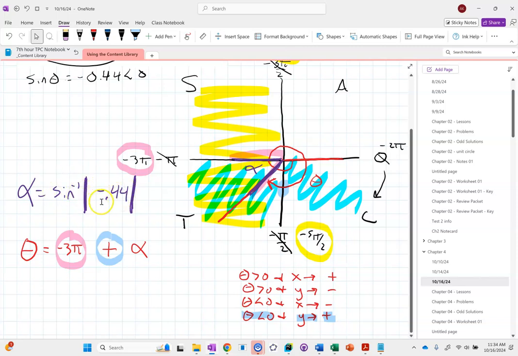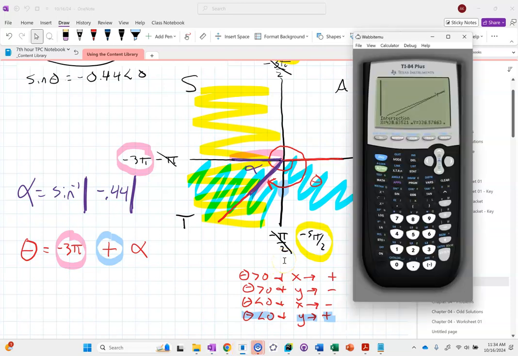Sine inverse of absolute value 0.44. So to put this into my calculator, I'm going to first make sure that I'm in radian mode.